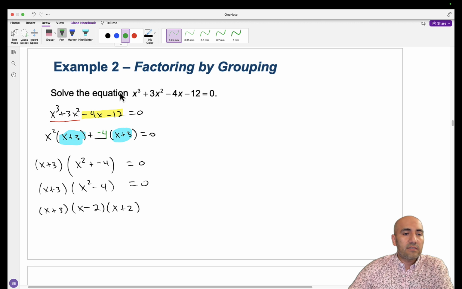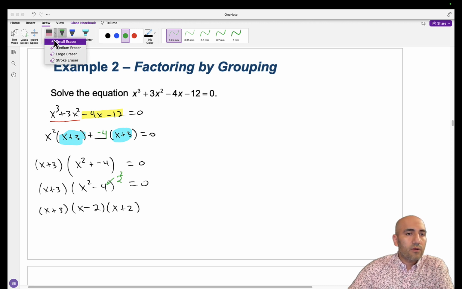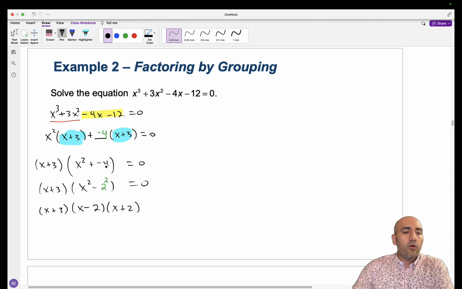Realizing that this is 2 squared. So 4 is really 2 squared, and so this is a difference of squares, and so we know from our section on factoring that this breaks up this way. And so now we have a multiplication of three binomials. 1, 2, 3 binomials. Everything's being multiplied.